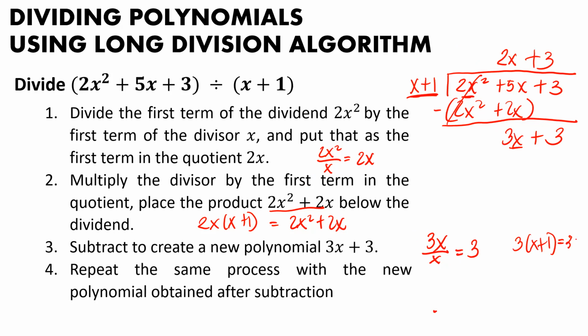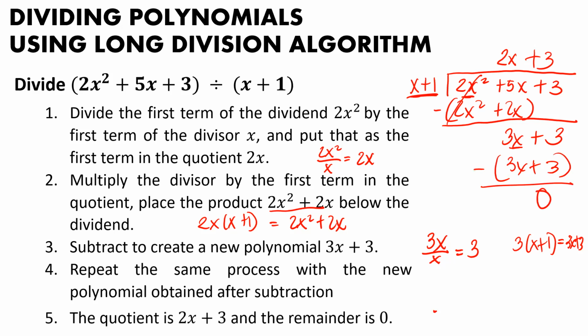Magiging 3x plus 3. So, si 3x plus 3, isubtract natin. Same lang sila. Kaya magiging 0. Therefore, the quotient is 2x plus 3 and the remainder is 0. So, hopefully you understand or you recall dividing polynomials using long division algorithm.